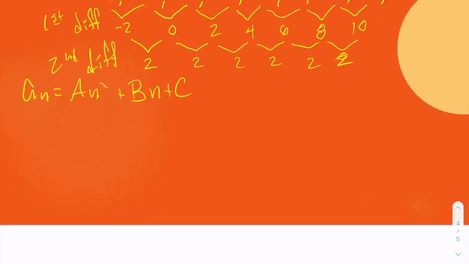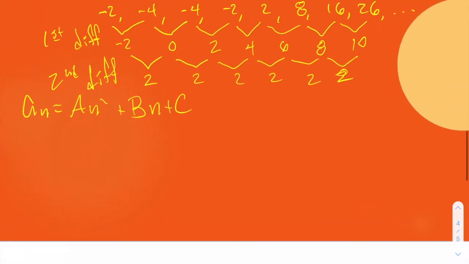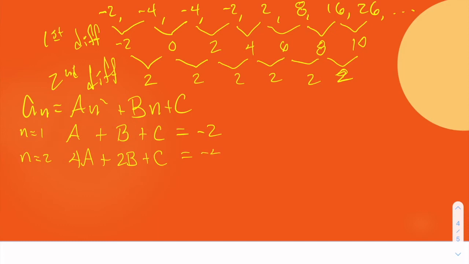We're going to do that again. And so now let's collect up our terms. When n is equal to 1, then I know that A plus B plus C is equal to negative 2. And let's go for n equals 2. Well, that's going to be 4A plus 2B plus C, and that's going to be equal to negative 4.